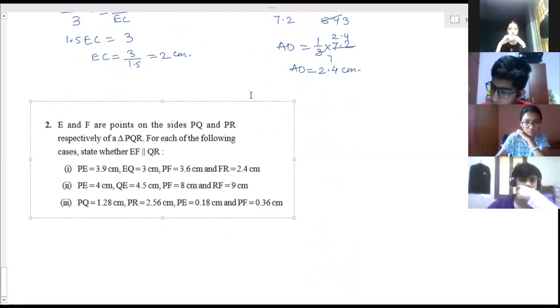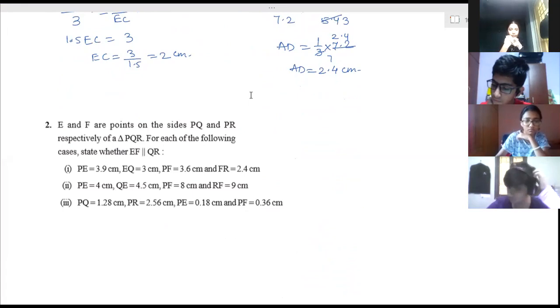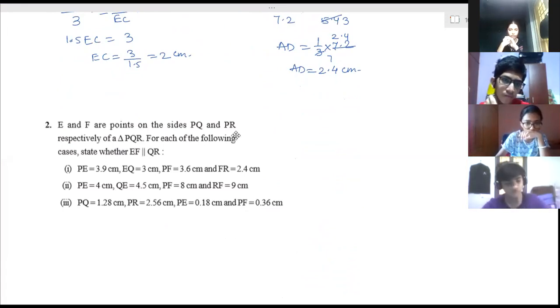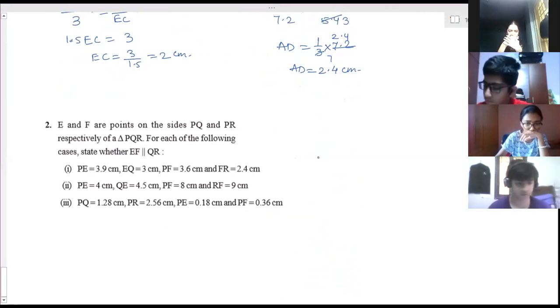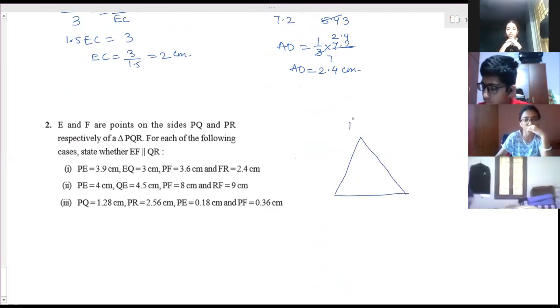Second question is converse BPT. E and F are points on PQ and PR, respectively, of triangle PQR. For each of the following statements, state whether EF is parallel to QR. So this is a triangle PQR.